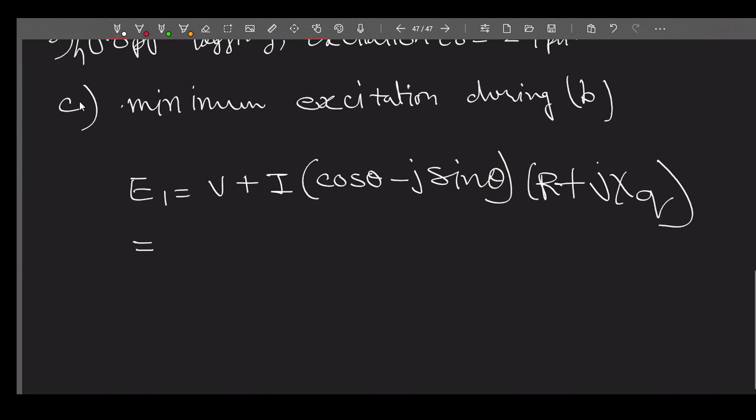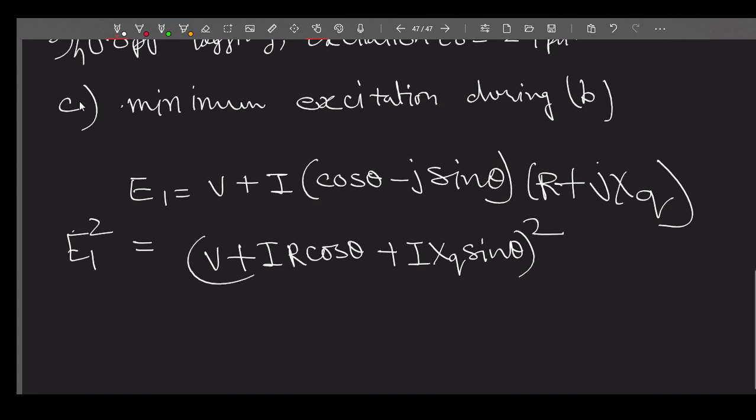So here what we are getting is like, now we can write E1 square is equal to actually I'm doing this because there is some purpose behind expressing it in this form, and I'll show you why the same is necessary.